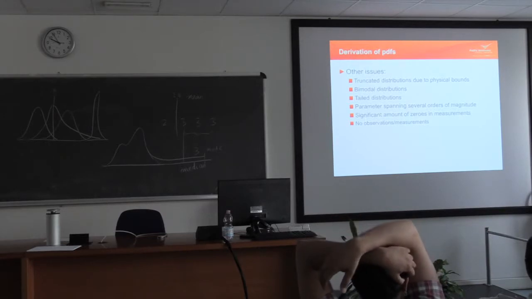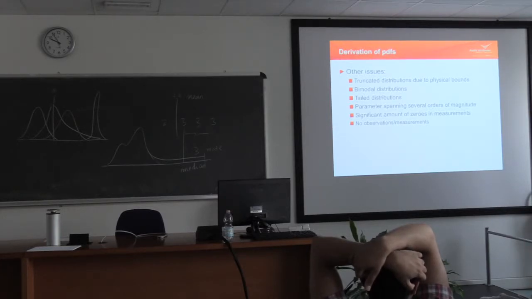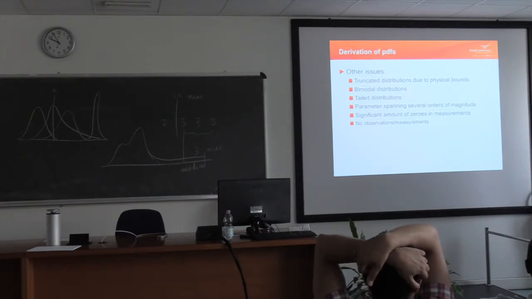Then, a significant amount of zeros. For example, our lab is located in a desert. So if we want to model the precipitation, we have roughly 300 zeros in any year.